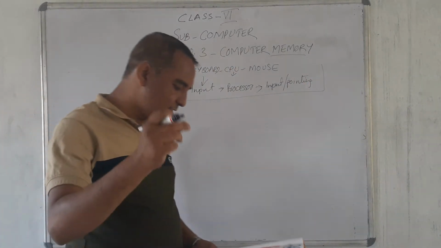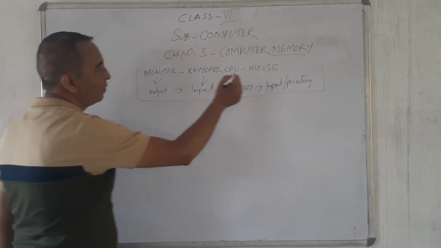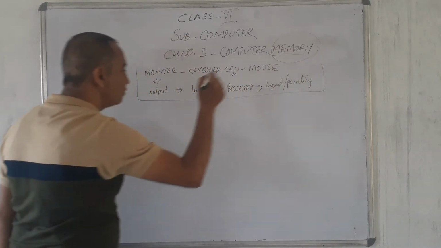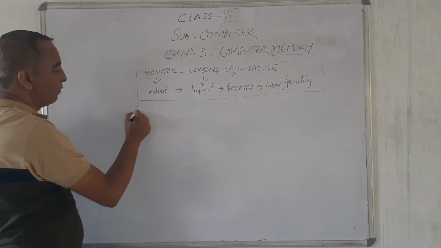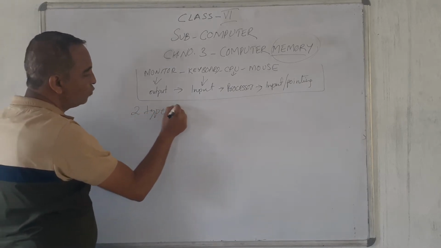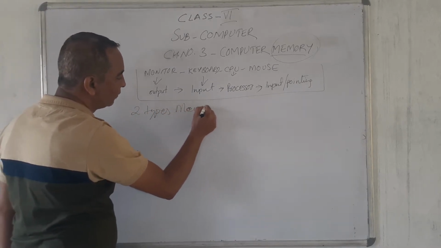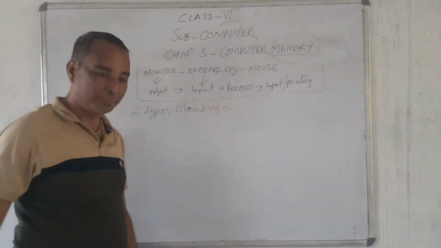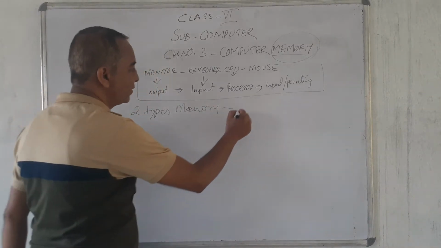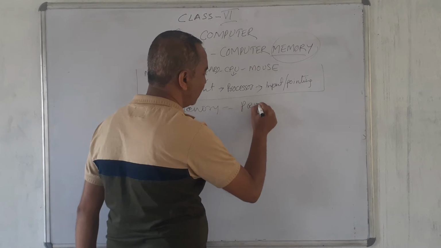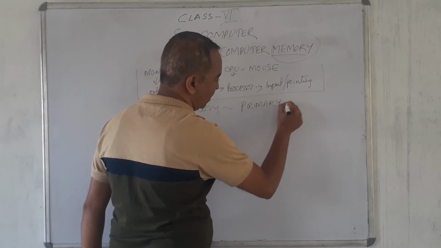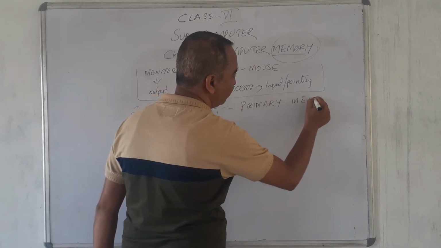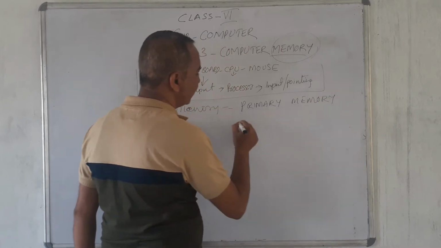So now, first thing, there are two types of memory. Even though we are talking about the memory, there are two types of memory. So what are they? One is primary memory, okay, and next is secondary memory.